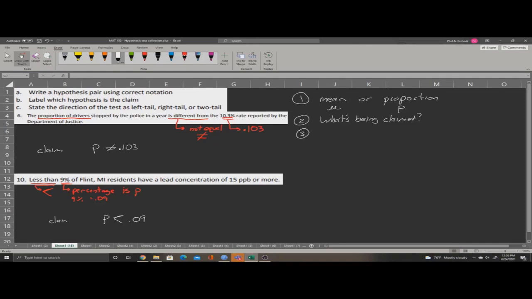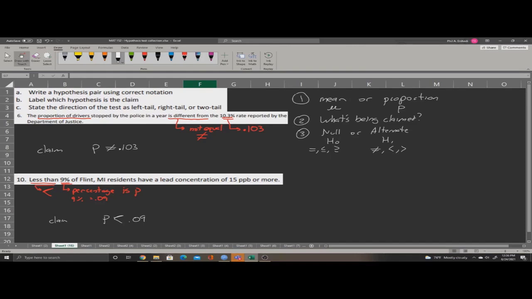Question 3 now, we ask ourselves, is the claim null or alternate? The null hypothesis is represented with H0, and alternate is represented with H1. Let's remind ourselves again that the null hypothesis will have equals, less than or equal, or greater or equal, and alternate will have not equal, strictly less, or strictly greater.